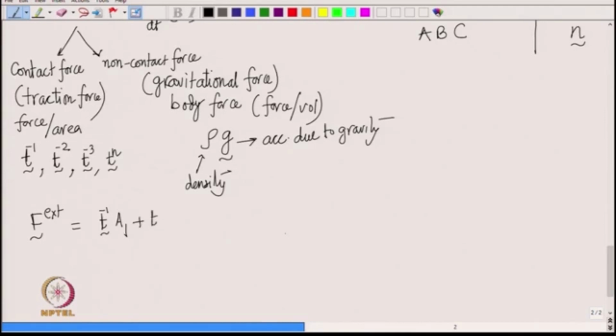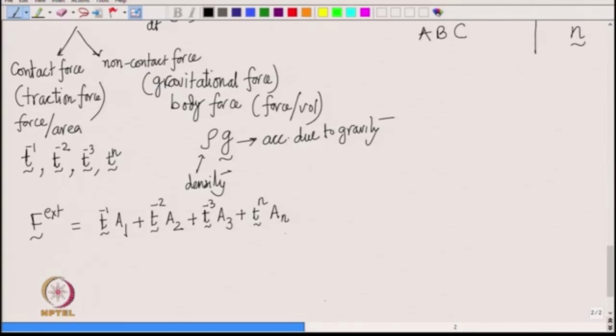Then we have T minus 2 into A2, plus T minus 3 into A3, plus T n, see T n is the another traction, into A n, let us say A n is the area of that tilted plane with normal n.